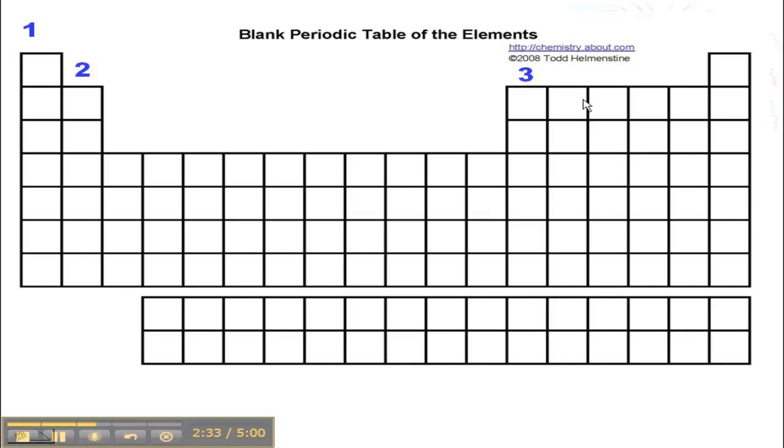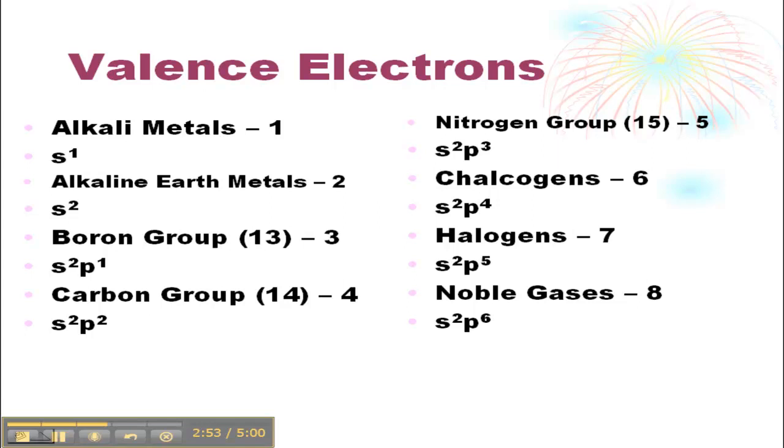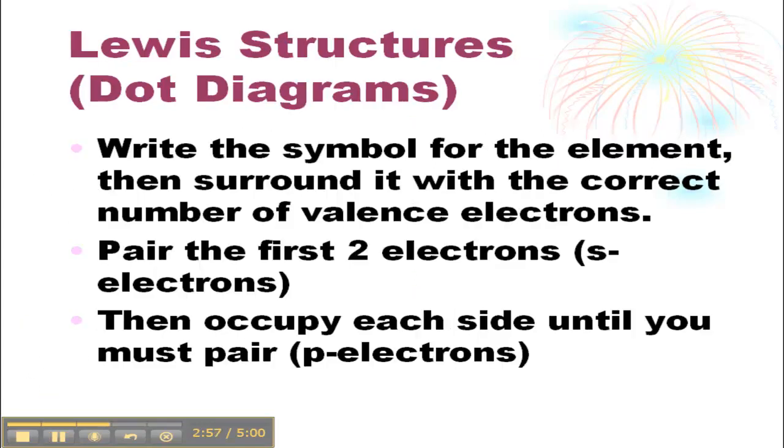And then in the carbon family, there's 4. Nitrogen family is 5. Chalcogen family is 6. Halogen family is 7. And the noble gases are 8, except for helium. So if you just remember this pattern, you'll be able to determine the number of valence electrons all the time. So here's the slide that goes through all of that. You can pause it and copy it if you like.